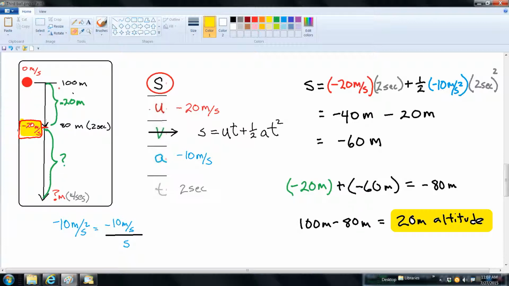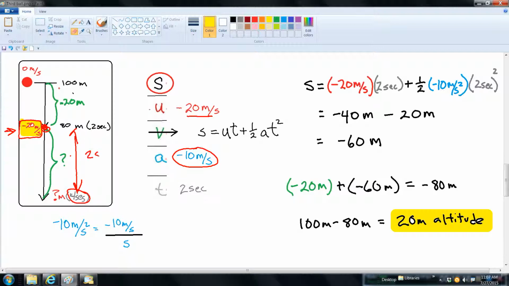Let's pretend we're interested in this point in time. So this is where our interest in the ball starts, at this point. So we're going to say that our initial velocity is minus 20 meters per second. The acceleration is the same, but we're talking about the interval between here and here, and it falls for 4 seconds total.